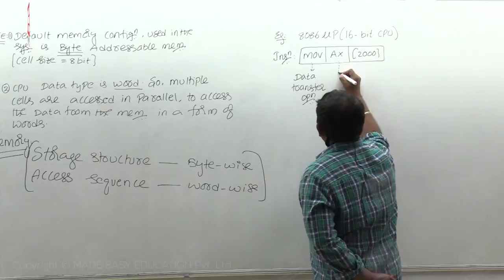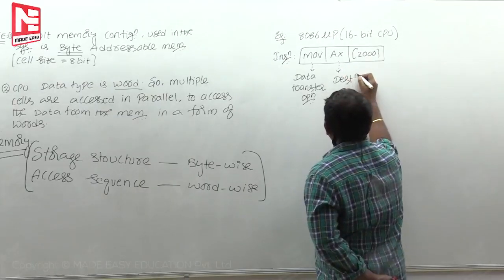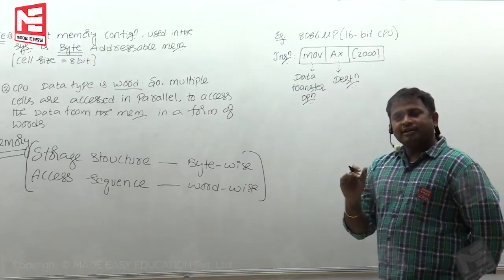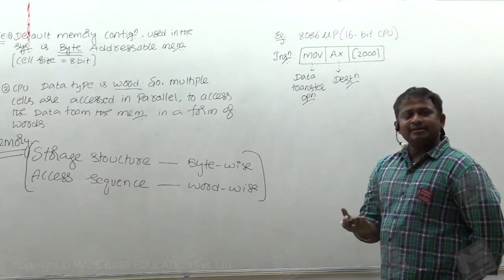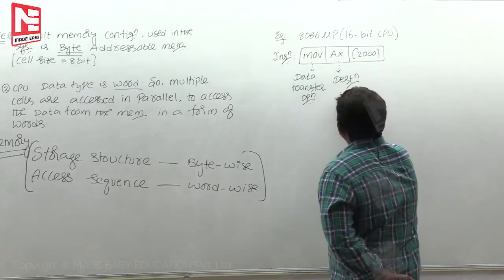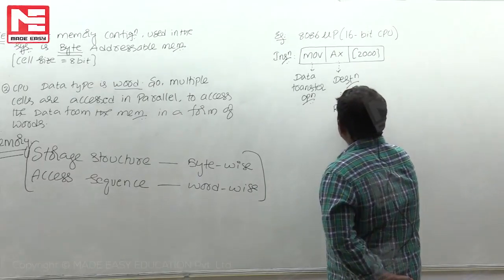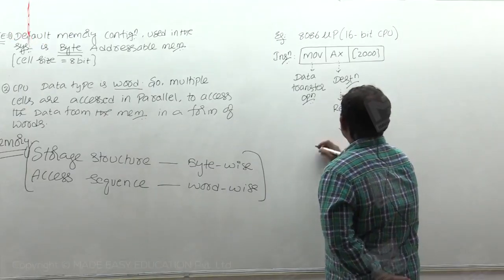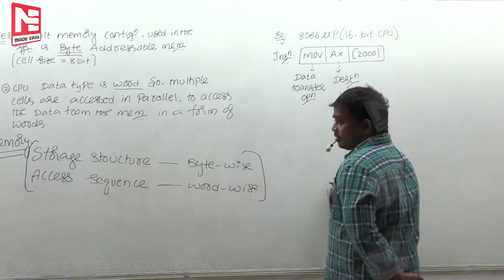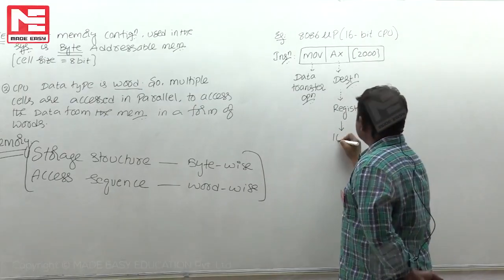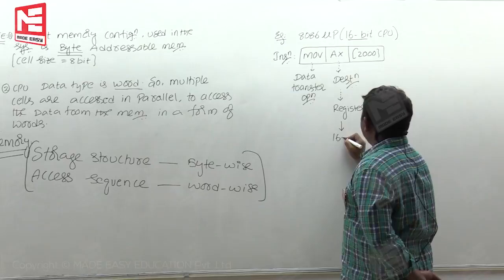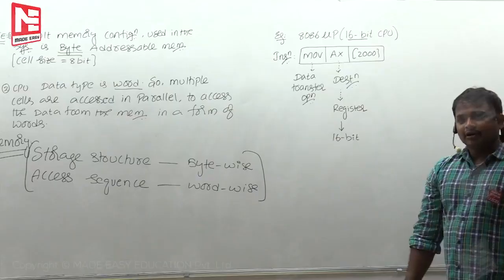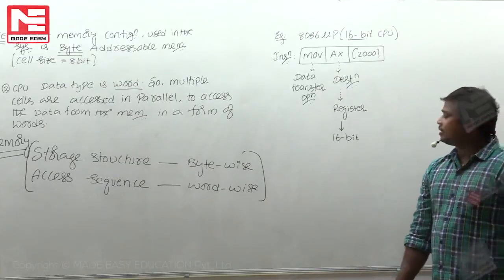After the opcode, the immediate parameter is the destination. Here the destination contains a register, that register is the AX register. Registers are referred to by name. Since it is a 16-bit CPU, all the register sizes are 16-bit only. So the data register size is 16-bit.